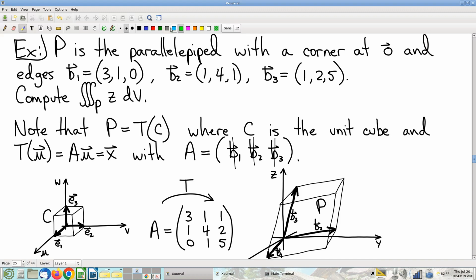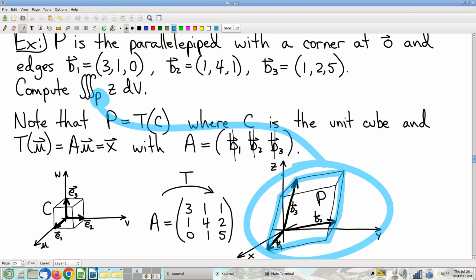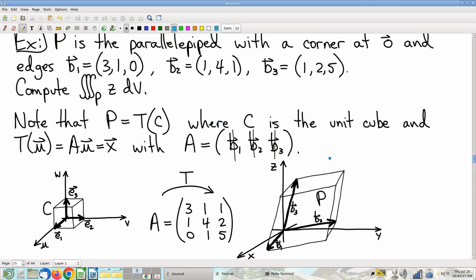Our target domain over here is a parallelepiped, and certain edge vectors are given to define that parallelepiped.